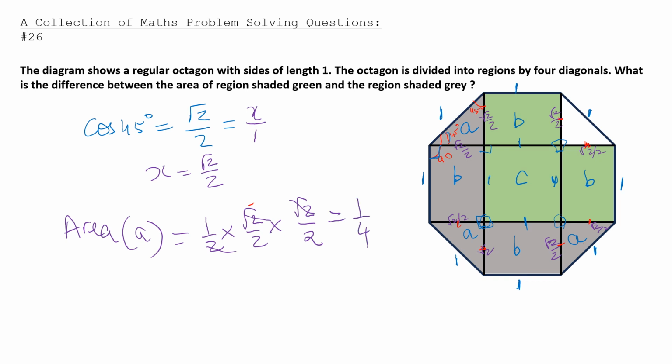So I know A is 1 out of 4, and the area B equals 1 times root 2 out of 2. So that's the area of the rectangles.